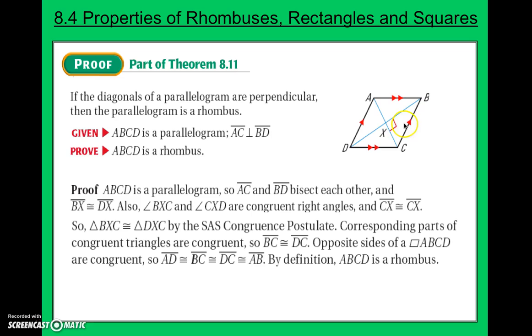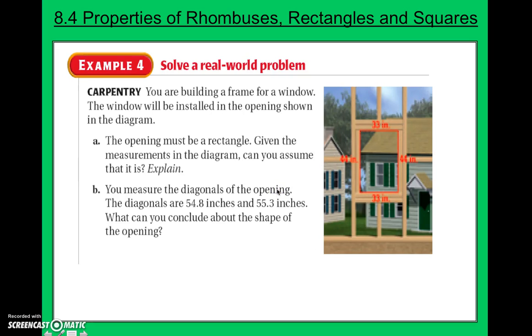And then since opposite sides are congruent, we can use transitive properties to say all of these parts are congruent. Therefore, it's a rhombus. So this is where we are starting with the diagonals being perpendicular. We can show that it's a rhombus.